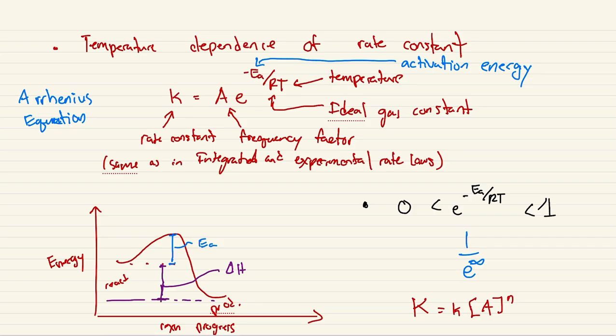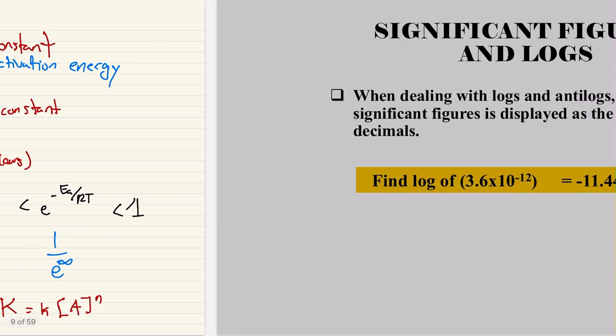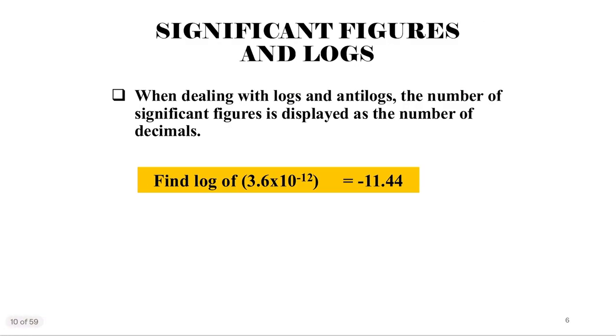Okay. All right. So we'll take a second to talk about significant figures and logarithms. When you're dealing with logarithms and anti-logarithms, which is just exponentiating something, the number of sig figs in the mantissa, which is just a fancy way of saying what's inside the logarithm, tells you the number of decimal places in your answer.